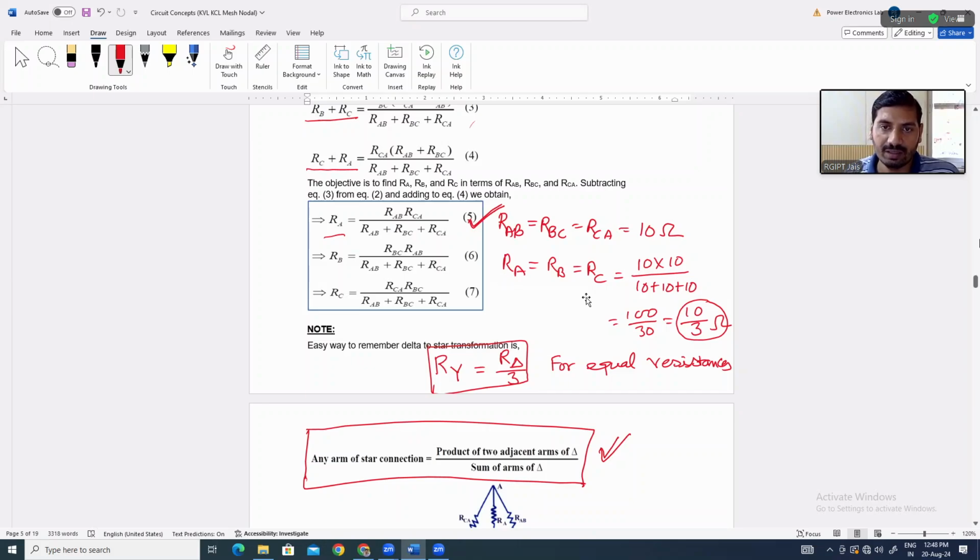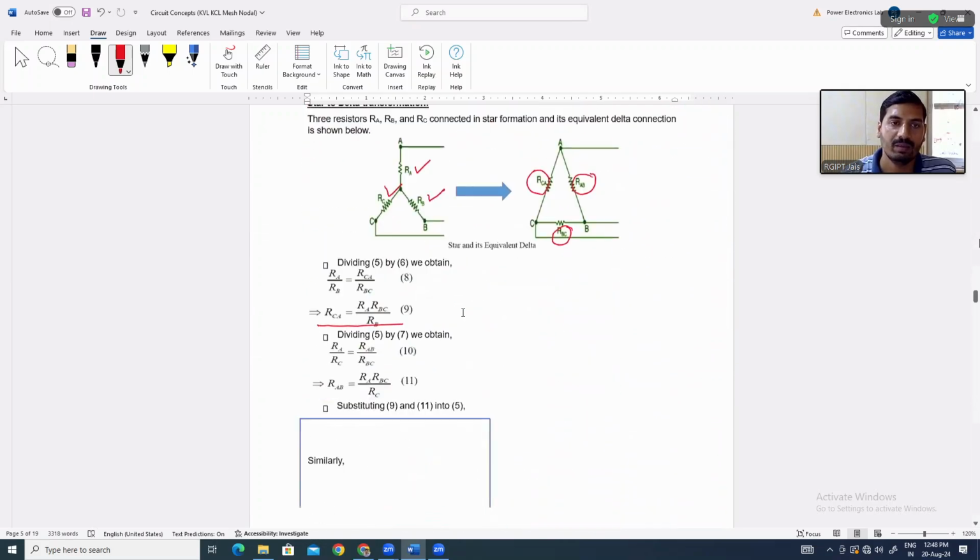In resistances connected in star, we are getting 10 by 3, right? So in general, we can write that R star is equal to R delta by 3. So straight away, the resistances connected in delta will be reduced 3 times in star connected resistances if we convert. Okay.